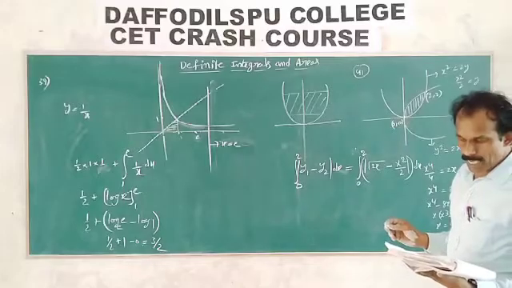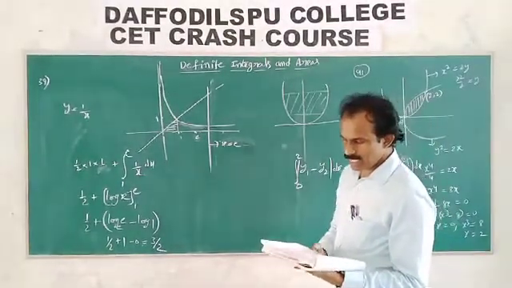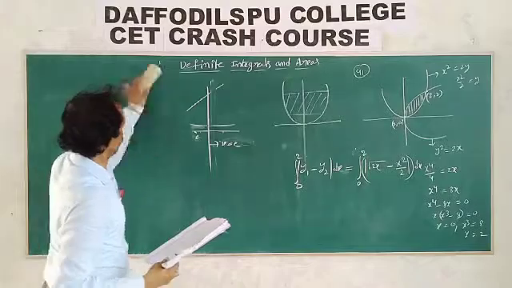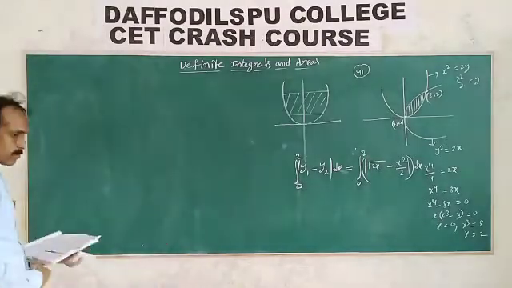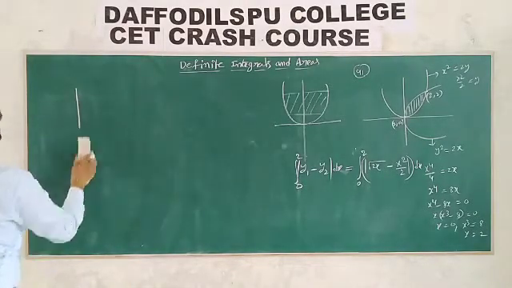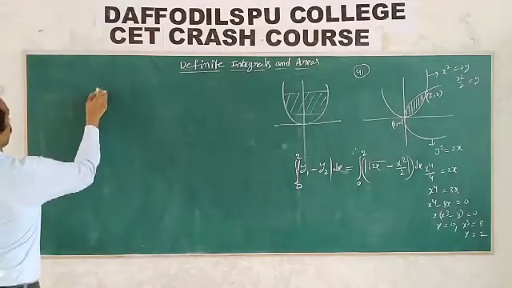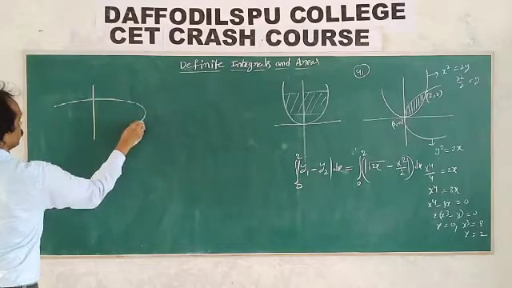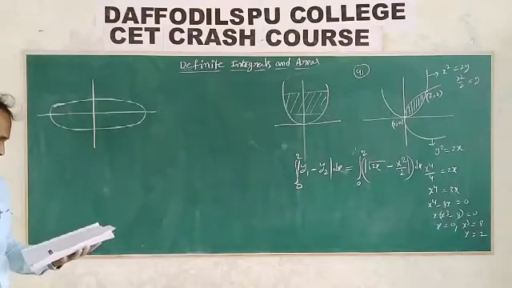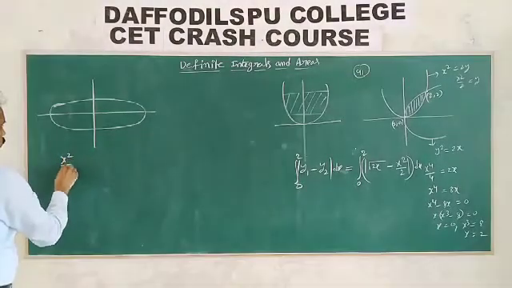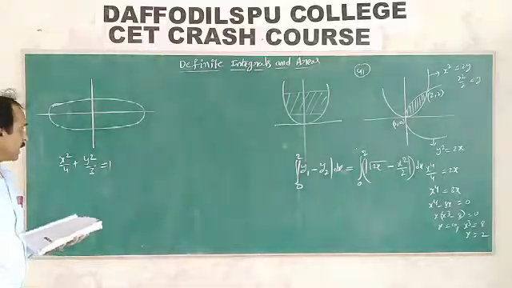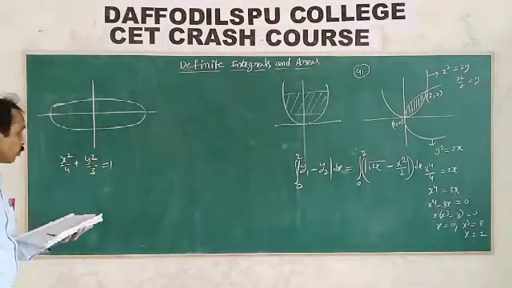Next, ellipse. Area of the region containing the origin and bounded by the ellipse x square by 4 plus y square by 3 is equal to 1 and its latus rectum. What is the latus rectum?